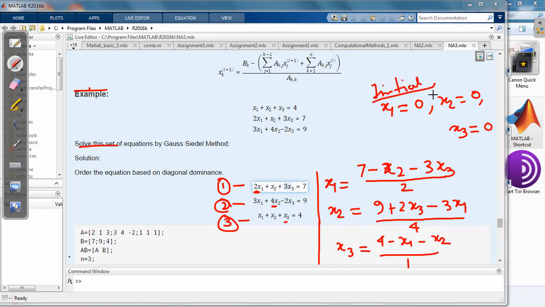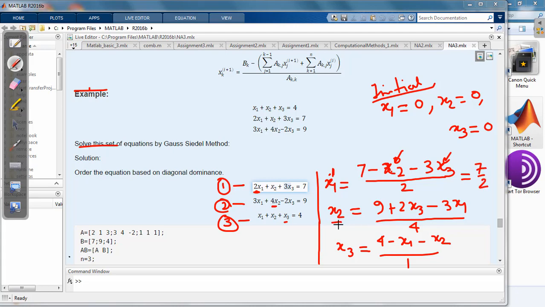Always in an iterative method, we start with some initial guess, and then using these guess values, first calculate x1. So in the first iteration, for x1, you just put x2 as 0 and x3 as 0, which is our initial case, and you will get x1 as 7 by 2, or 3.5.